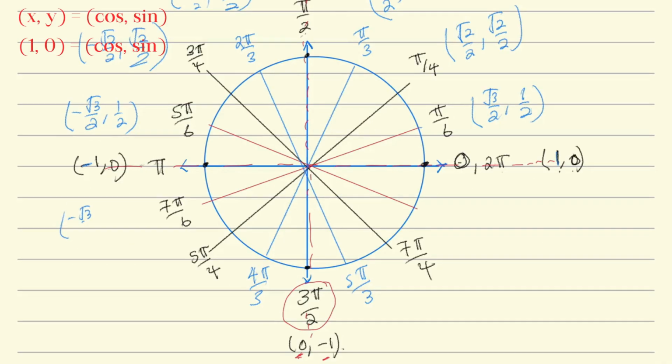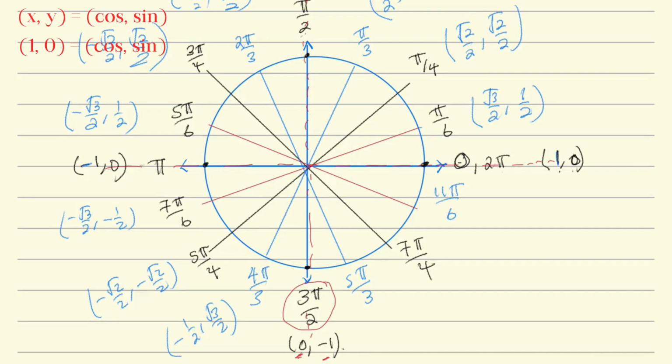In the same way, a point in the third quadrant has negative everywhere, right? Because x, y in the first quadrant is negative x, negative y in the third quadrant. So every point is negated. That is why you have negative root 3 over 2, negative a half, and these other points.